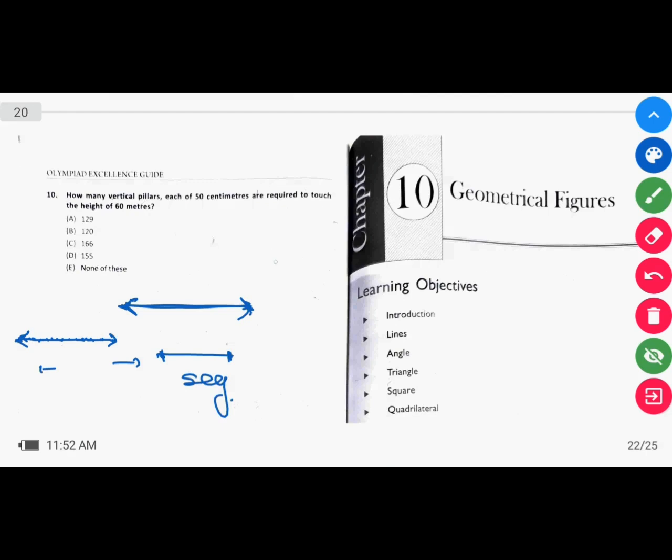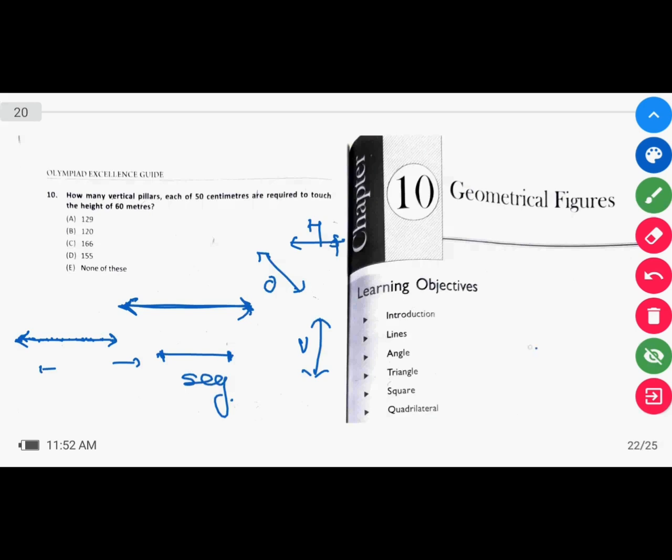Okay. Now this line may be oblique, horizontal, or vertical. These are the different types of line. This is the horizontal one, this is the oblique one, and this is the vertical one. Okay.